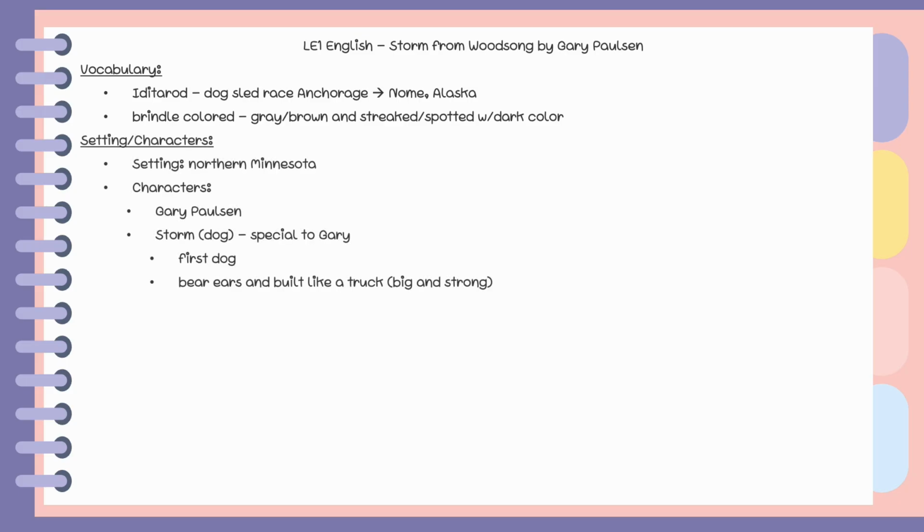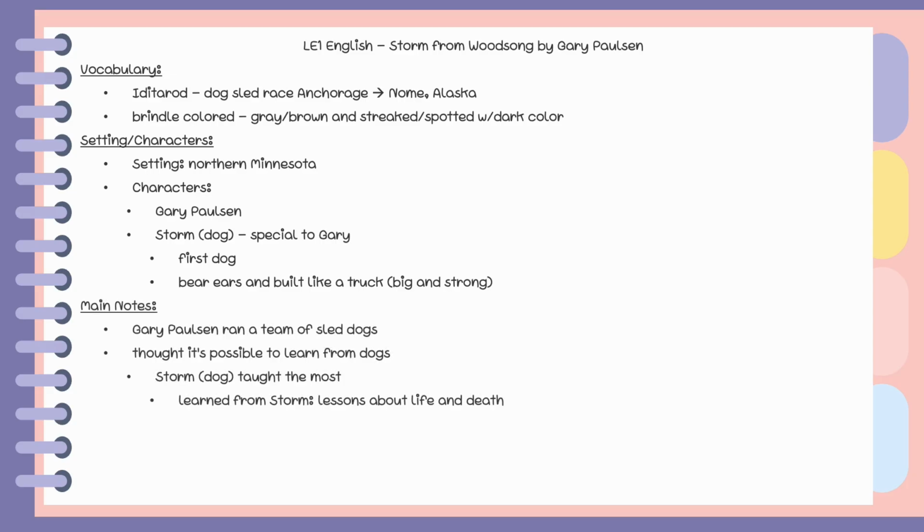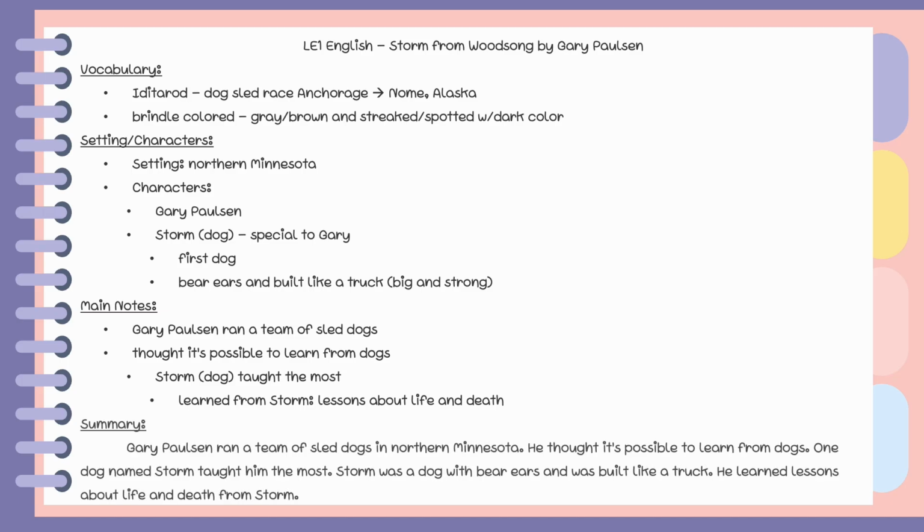You would have your characters and your setting. So you can put the setting first and then the characters and anything else we know about them. Then you have your main notes that were highlighted in blue. And then your summary on the bottom, which should have complete sentences. And you can pause this if you would like to read everything.